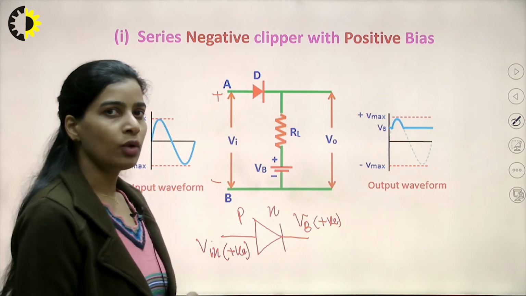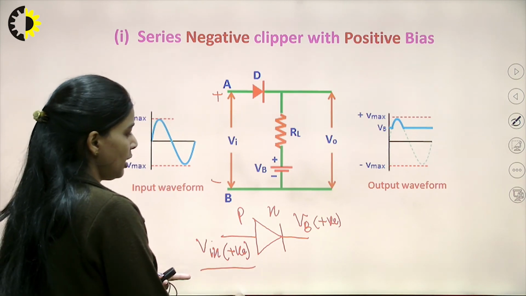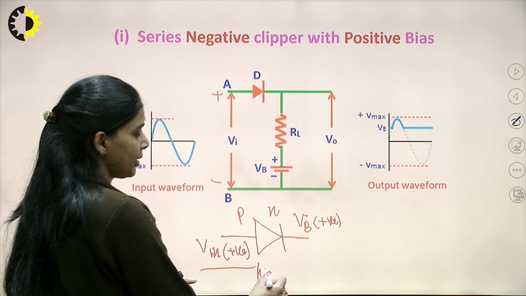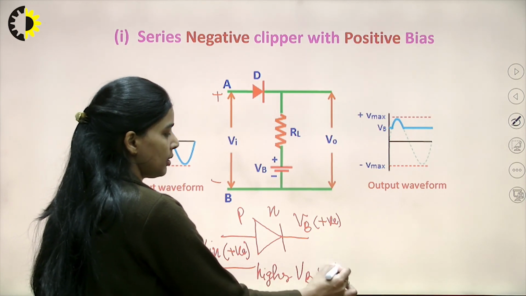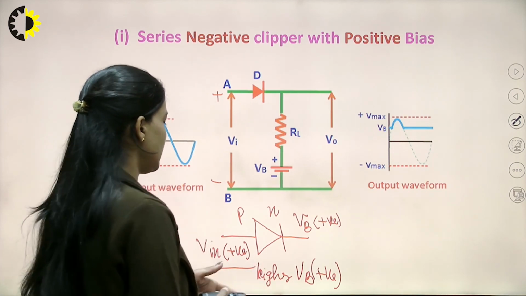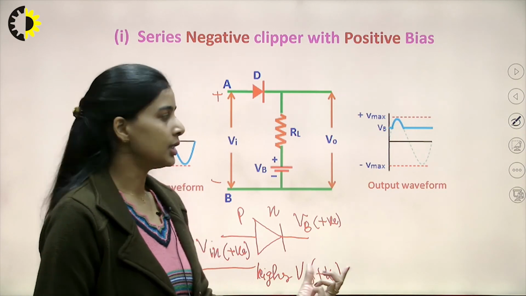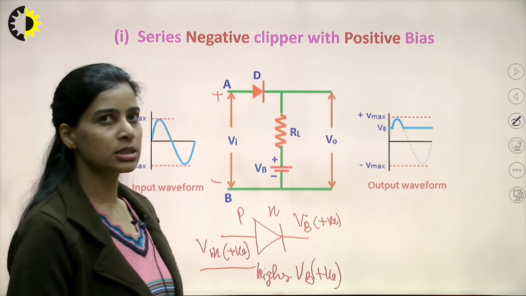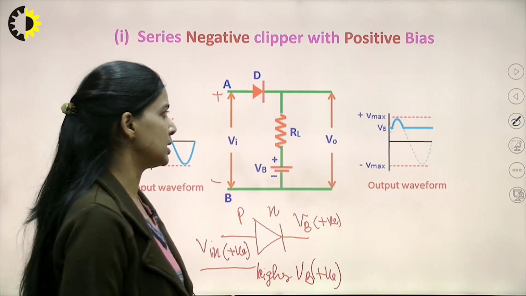So, this diode will be forward biased when this V in positive is higher than VB positive. When V in has a higher value than VB, then this diode will conduct current and we get voltage across this load resistance.